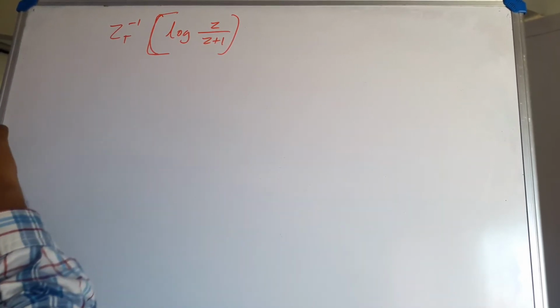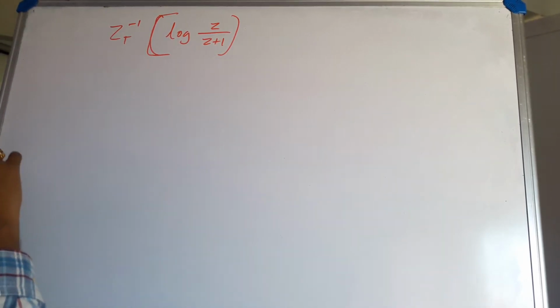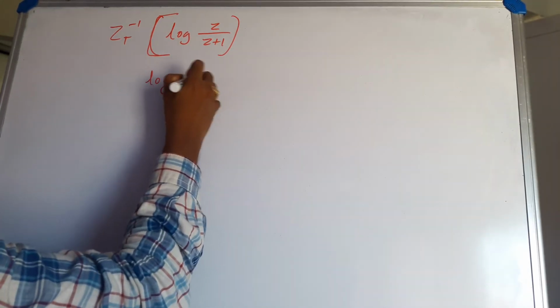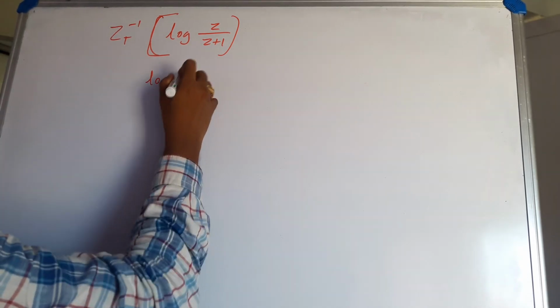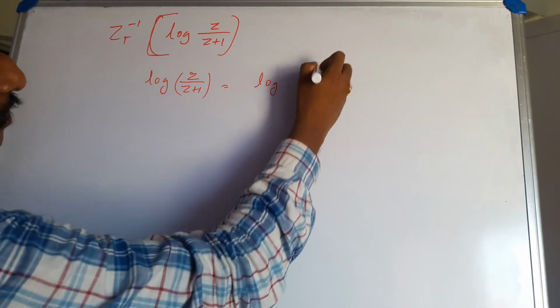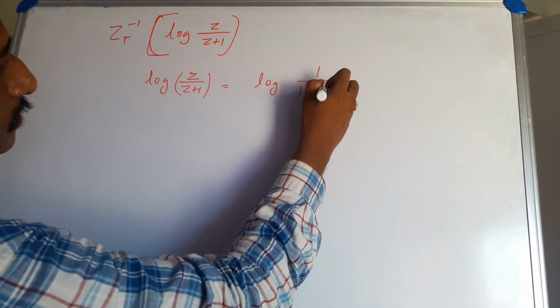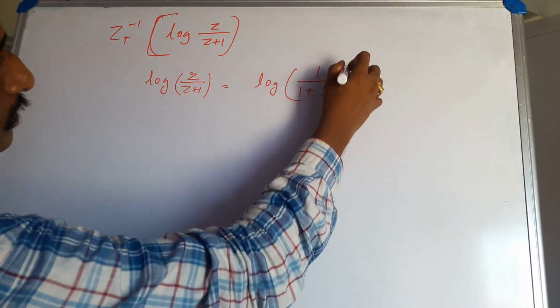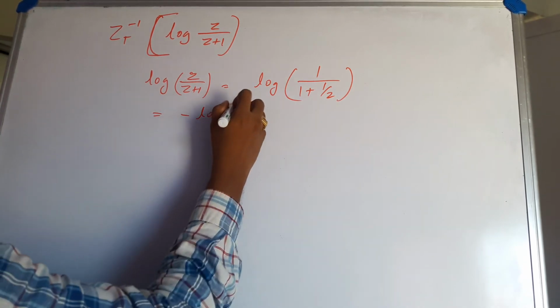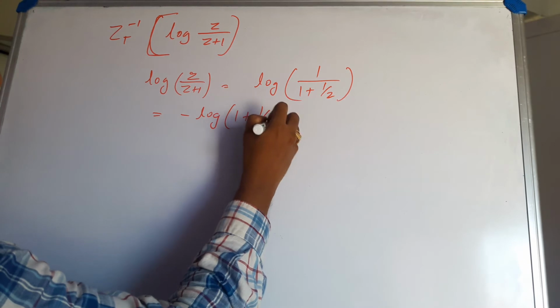Now let us find the inverse z transform of log of z by z plus 1. This can be written as log of 1 by 1 plus 1 by z, also written as log 1 plus 1 by z.